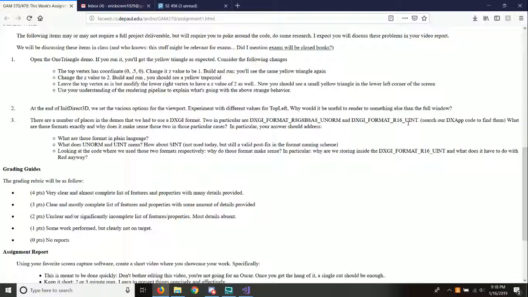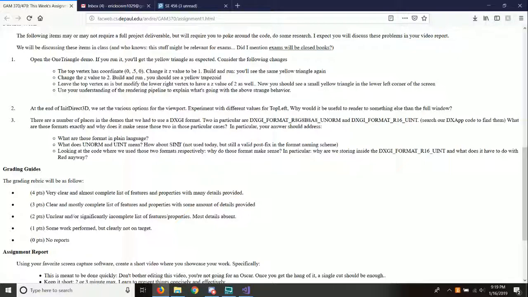The U int in the R16 U int means unsigned integer, which is once again based on the bits used in the information. Here it's 16 bits, so it's going to be 2 to the 16th, so it'll go from 0 to 2 to the 16th minus 1.